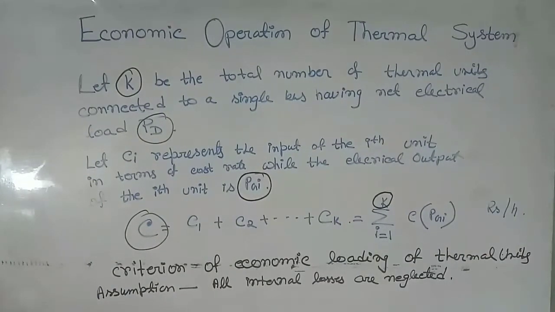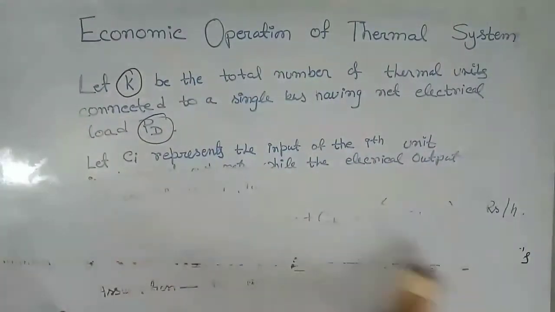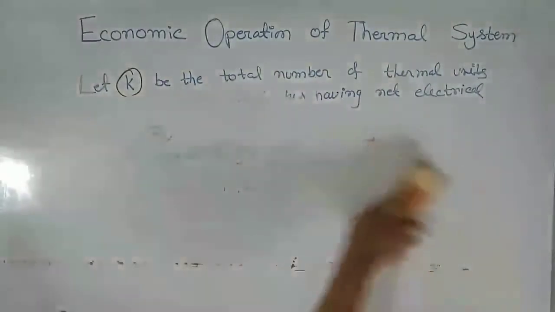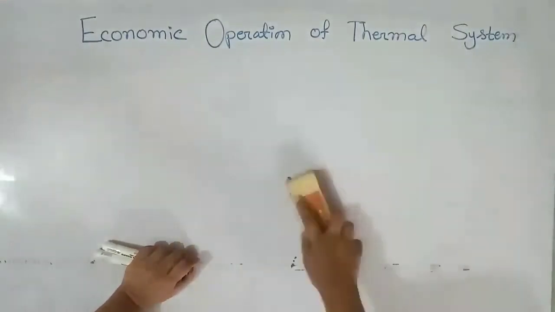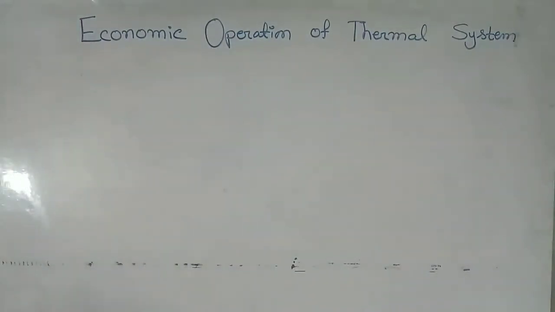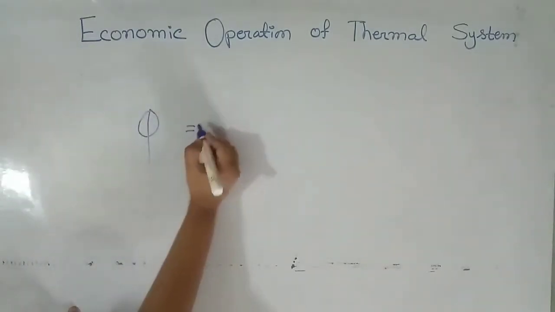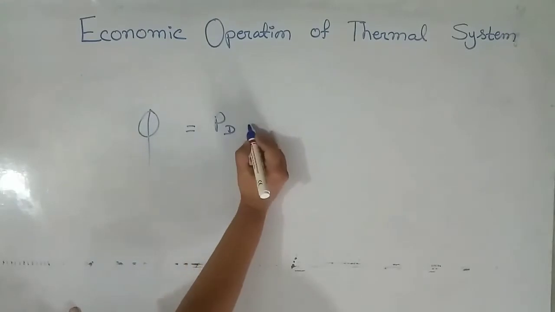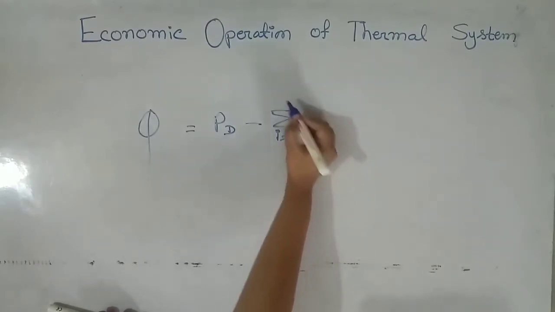So the constraint optimization can be done by assuming a constraint function phi such that P demand minus total electrical output.